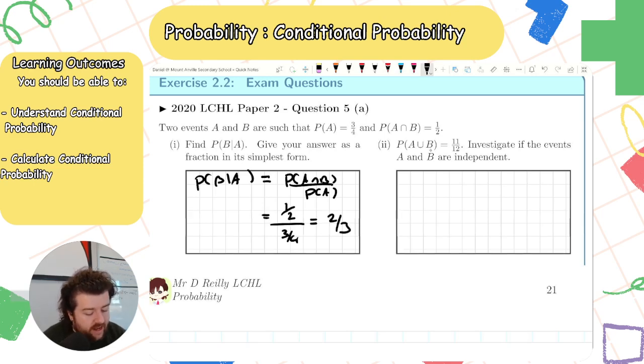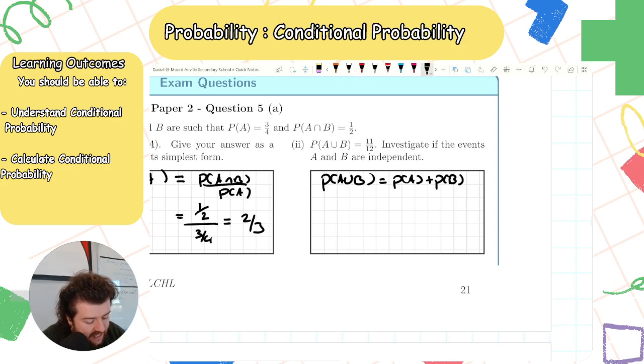2/3. Then, if A union B is equal to 11 over 12, investigate if A and B are independent. So remember, A union B, that's the same as probability A plus probability B minus the intersection. That's my addition rule.